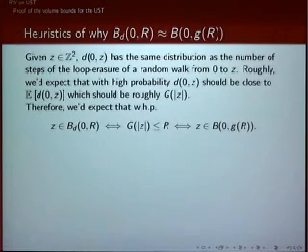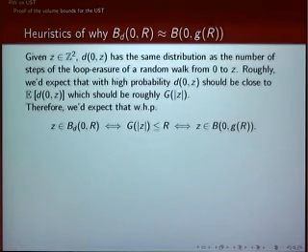And then, what's this? We're at distance absolute value of z from the origin. We're looking at a loop-erased random walk from 0 to z. We should hope that that's roughly capital G of absolute value of z.